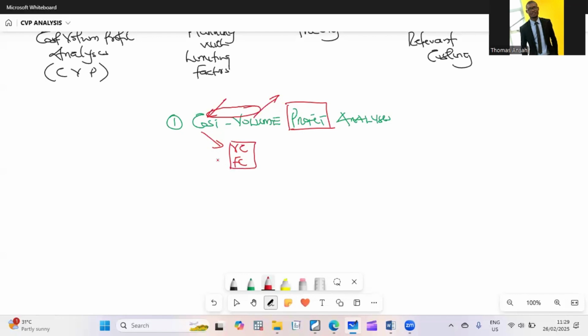If your volumes go high, what will happen to your variable cost? Technically, your variable cost will also go high. And we've learned that fixed cost usually is fixed, regardless of the volume. So when we are looking at the cost and the volume relationship and how it impacts profit, our focus is on variable cost. So we will be talking more of contribution.